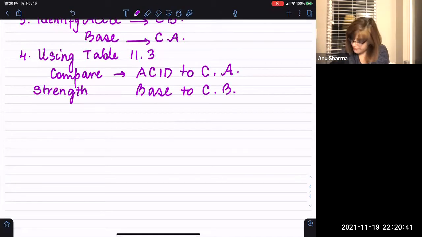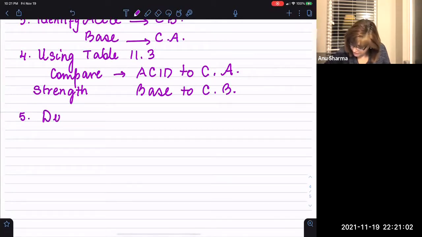Next, once you have the base, conjugate base and the acid, identify which side is strong and which side is weak. Once you put the strength, the direction of the equilibrium is going to be the arrow.